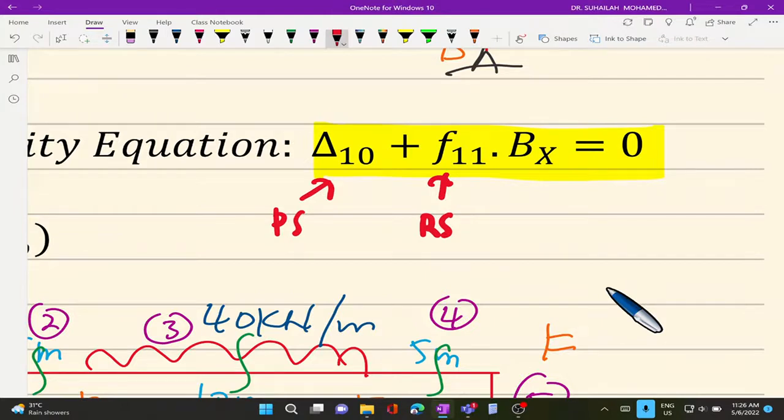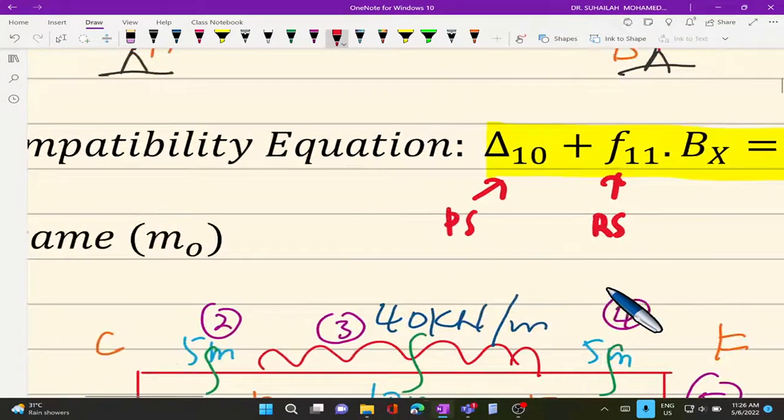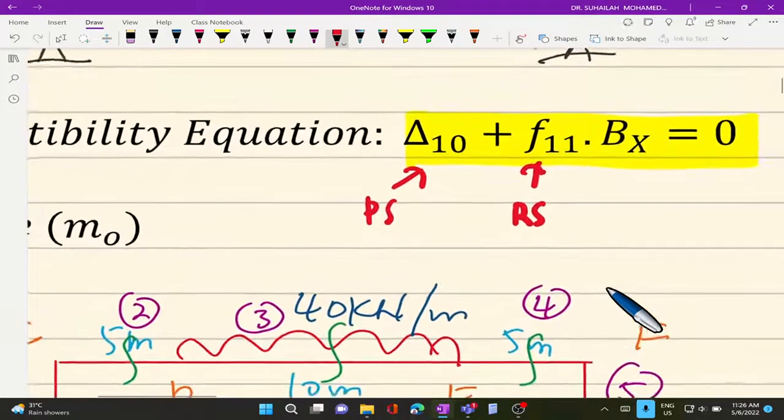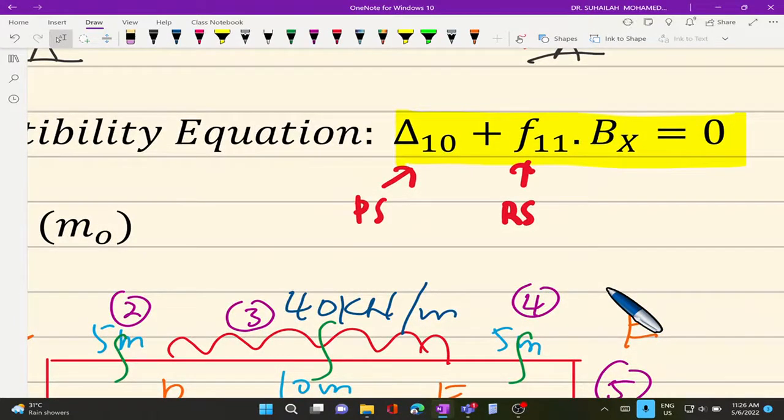And both of these are determinate frames. So we will analyze moment. We will analyze the moment equation from the first system, primary system, and from the second system, redundant system.